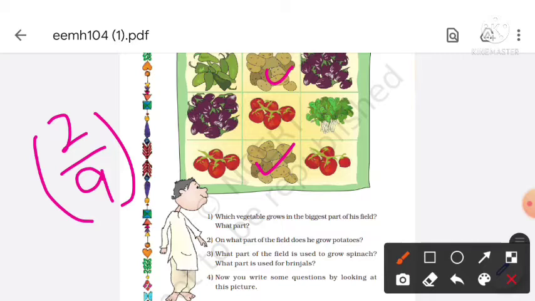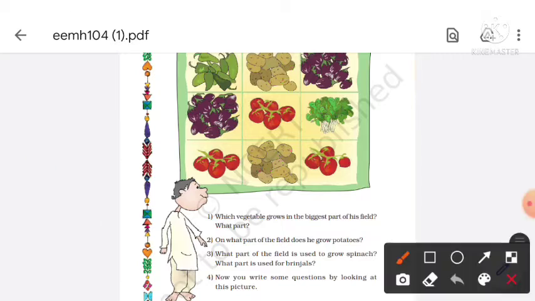Okay, next question is, what part of the field is used to grow spinach and what part is used for brinjals? Out of 9 equal parts, only 1 part contains spinach. Here it is, spinach.